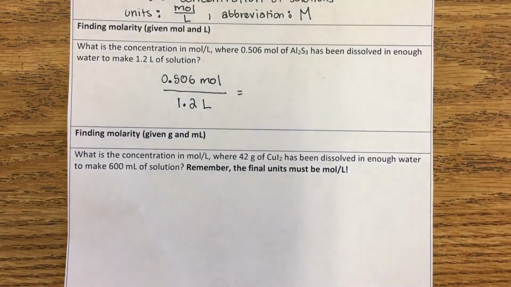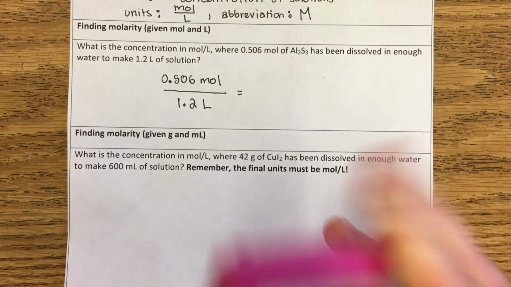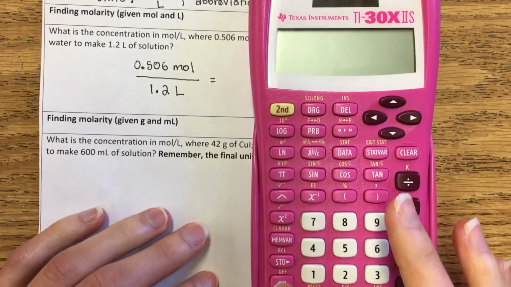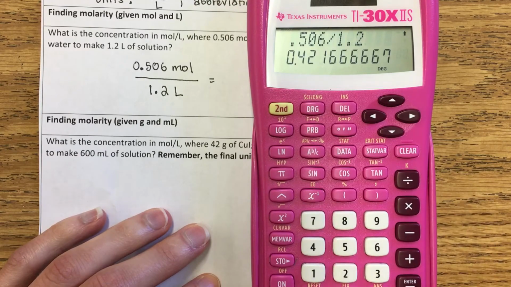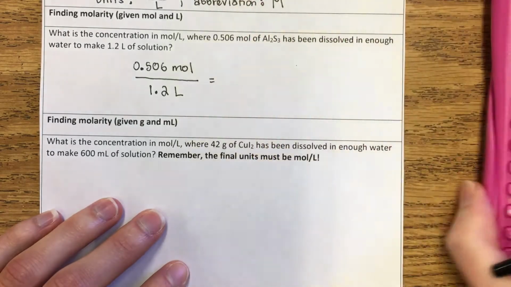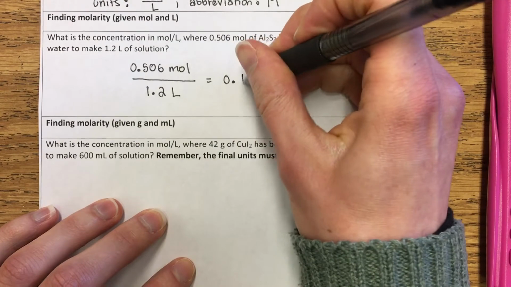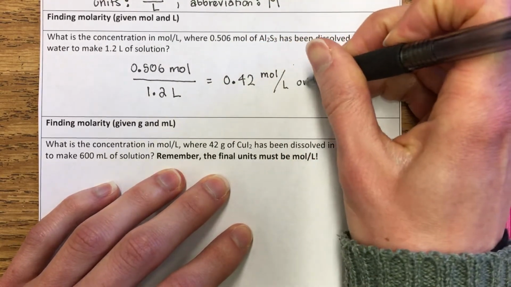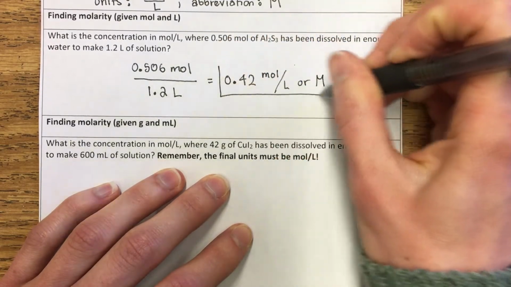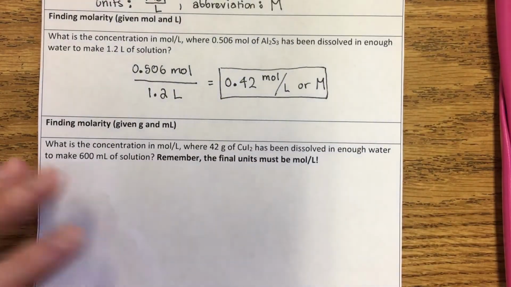I plug that into my calculator, and my answer is 0.42. I can write that as moles per liter or capital M. All right, that's an easy problem.